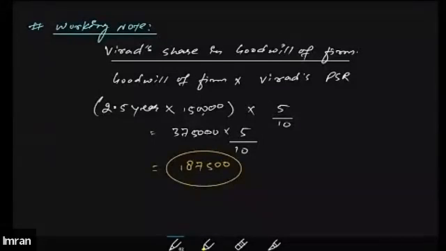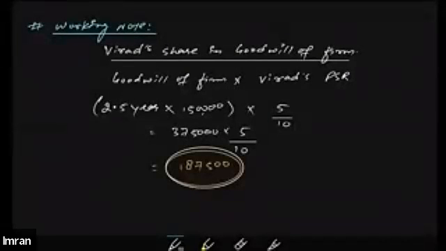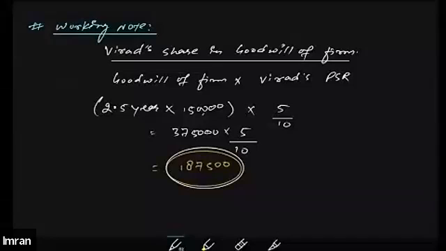So multiplying with 5 by 10, we will get 1,87,500. This is basically Virat's goodwill in the firm. Is it clear now?